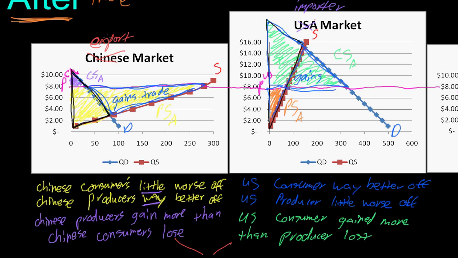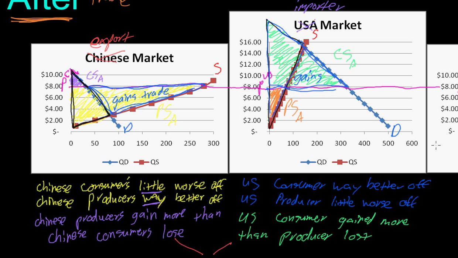And in the importing nation, the consumers will be way better off and the producers will just be a little bit worse off. But as a whole, in any situation, we believe, the gains from trade outweigh the losses in either the producer side over here or the consumer side over here.